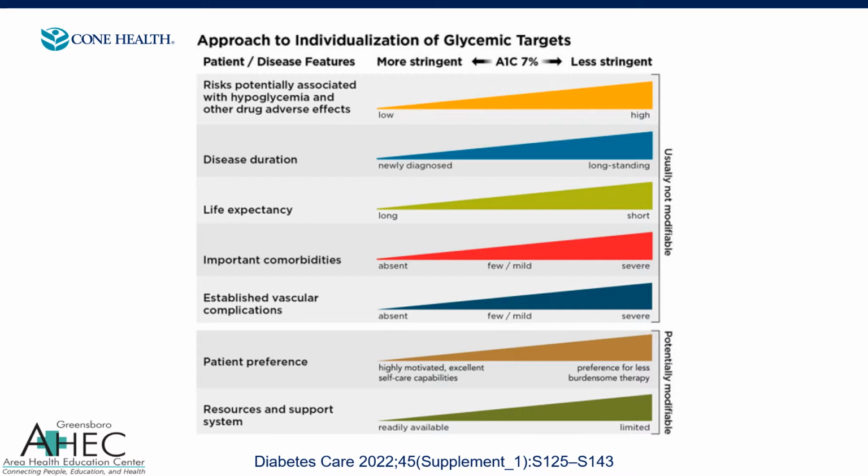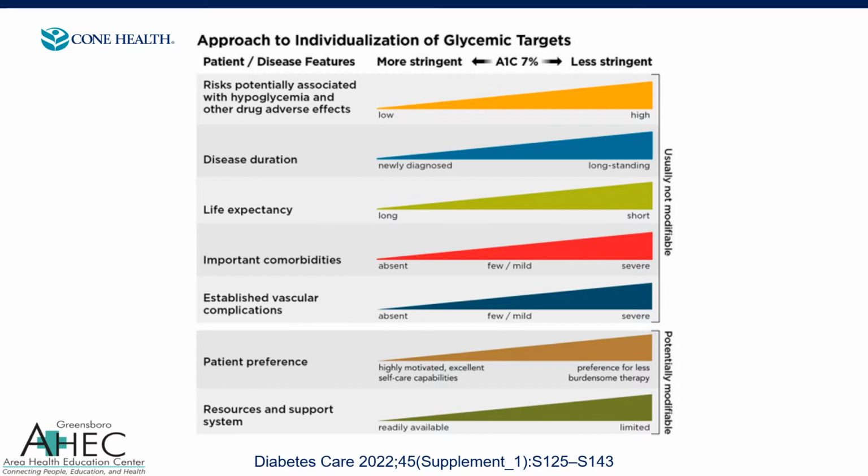So this is something that you should modify based on patient factors. If a patient is not able to safely reach a less than 7% goal, then it's very reasonable to target a higher goal like 7.5 or less than 8, or in some cases less than 8.5.